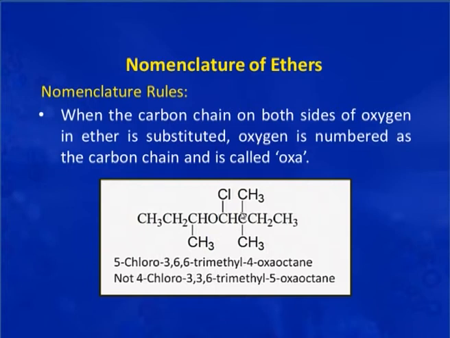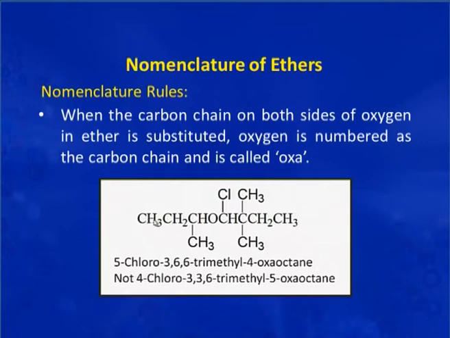So, when the molecule is so much substituted, it is difficult to name the molecule as alkoxy alkane, and then in this case what we do is that we see the longest possible carbon chain including the oxygen of the ether.